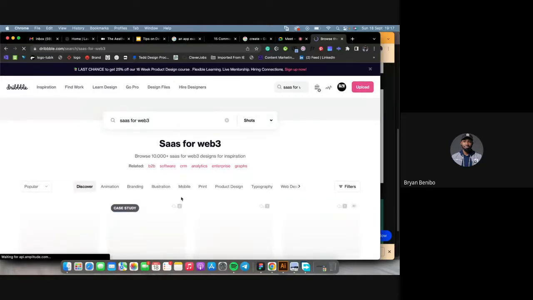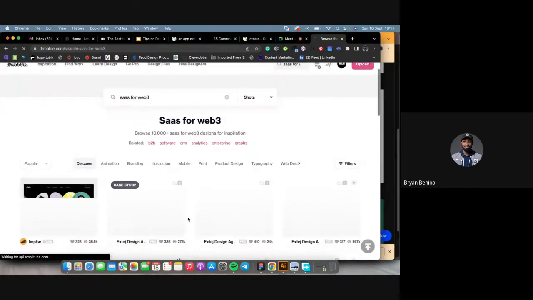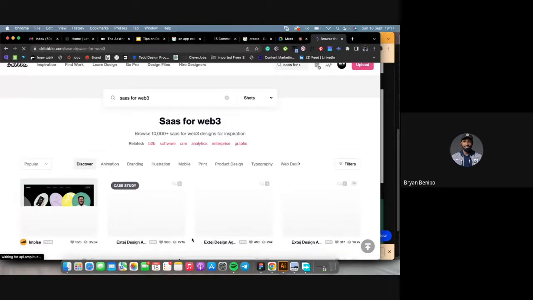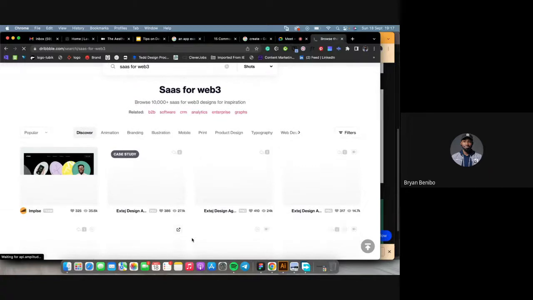So at the end of the day, if someone wants to design SaaS for Web3, how do you know what SaaS for Web3 looks like? You have to go and see what it looks like currently, because the information you already have might be something old or something you've seen before. But what is the current look, style, design, or ideas, right?